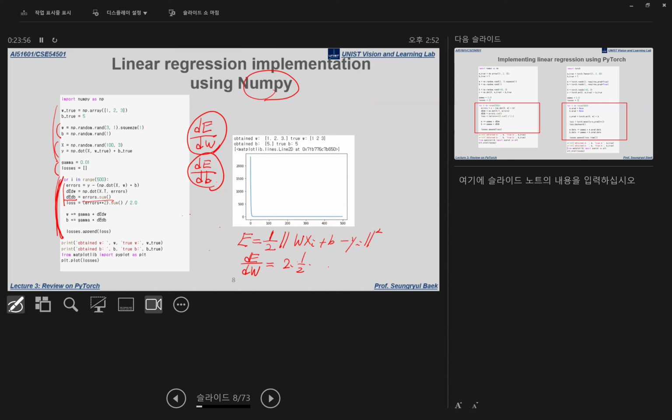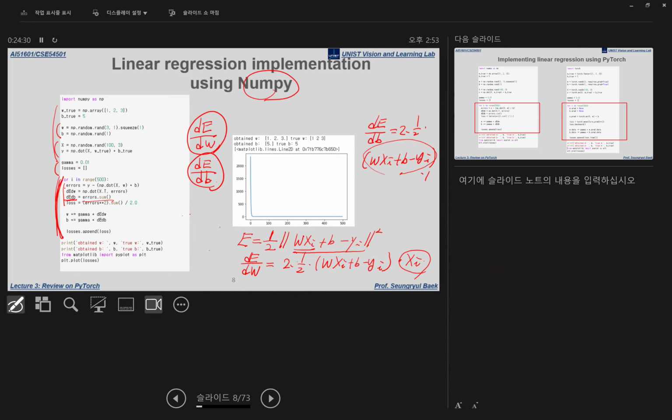So first you have to multiply this and also multiply some term, and also differentiate this again here. And also dE/dB, you also have to do similar things, and there will be 1 multiplied. So this is the hand calculation.